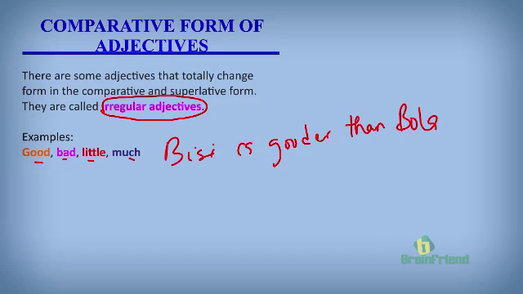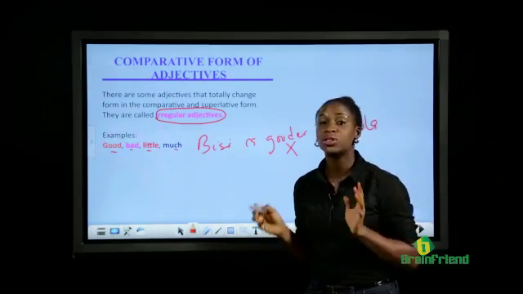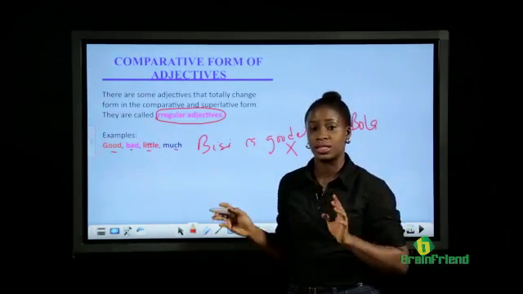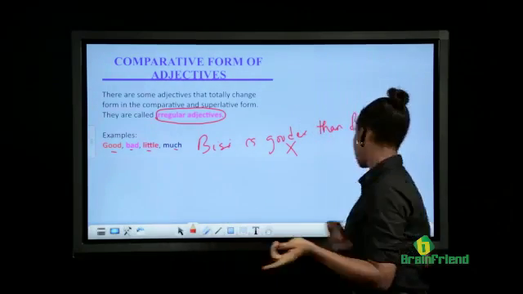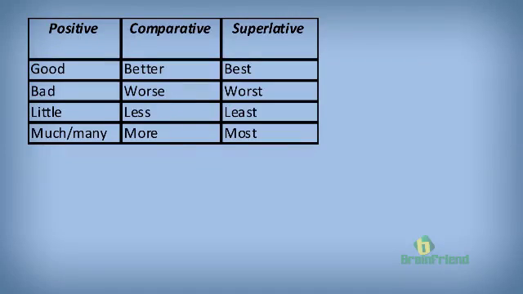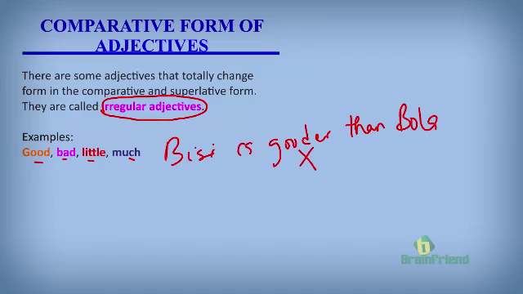This is very, very wrong grammatically. Why? Good is an irregular adjective and it totally changes form in the comparative and superlative form. Now, how does it change? Let's look at that. Good in the comparative becomes better, and in the superlative, it is best. So instead of saying BC is gooder than Bola, you say BC is better than Bola.